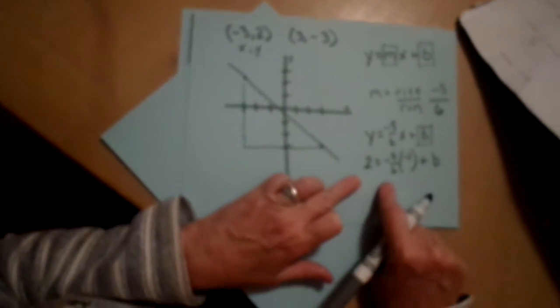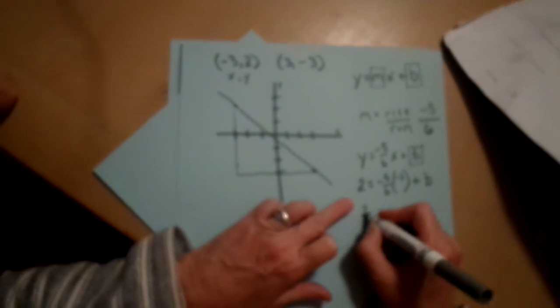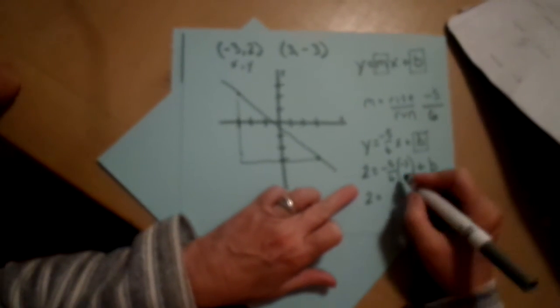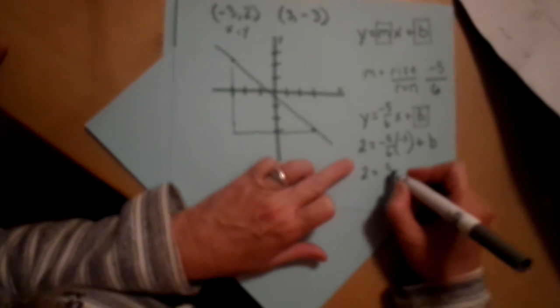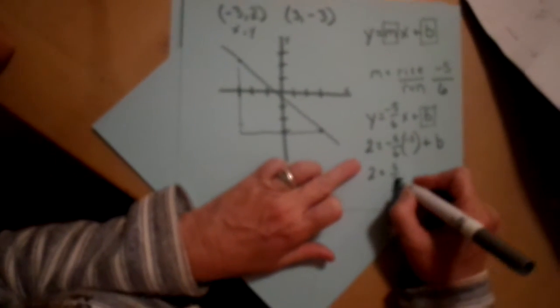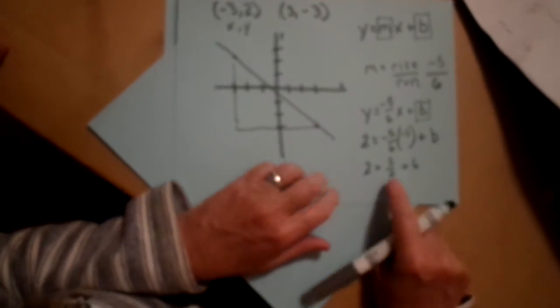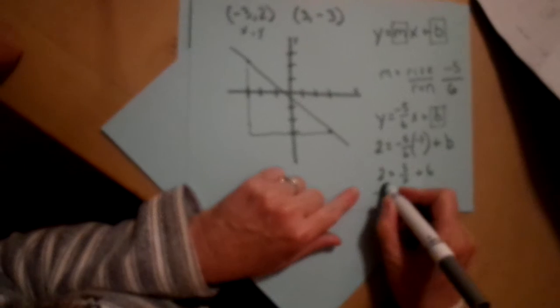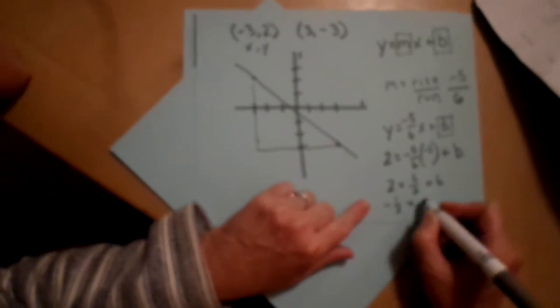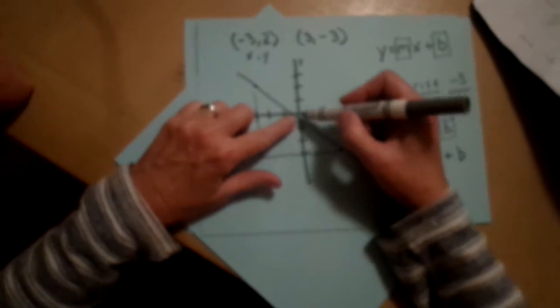When you finish this out algebraically, you end up with 2 equals a positive 5/2 plus b. You subtract 5/2 from each side, and you get negative 1/2 equals b. So our line was pretty close.